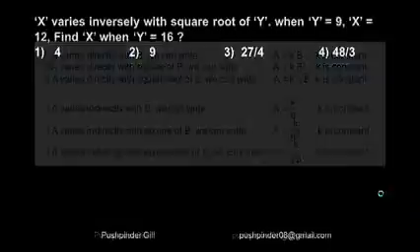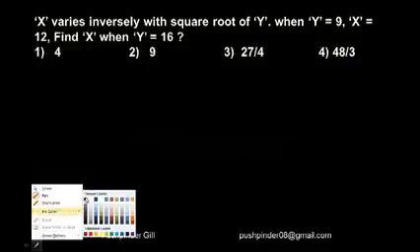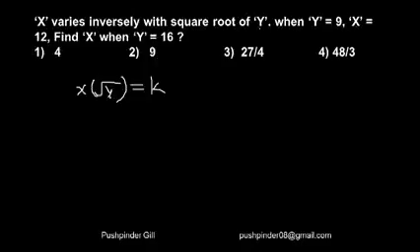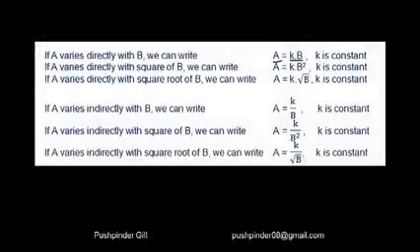Fine. So let's go ahead and solve some questions. x varies inversely with the square root of y. What can you get from that? That means x into square root of y is equal to a constant. Why is there a product here? Because it varies inversely. Whenever it varies inversely, their product is constant.